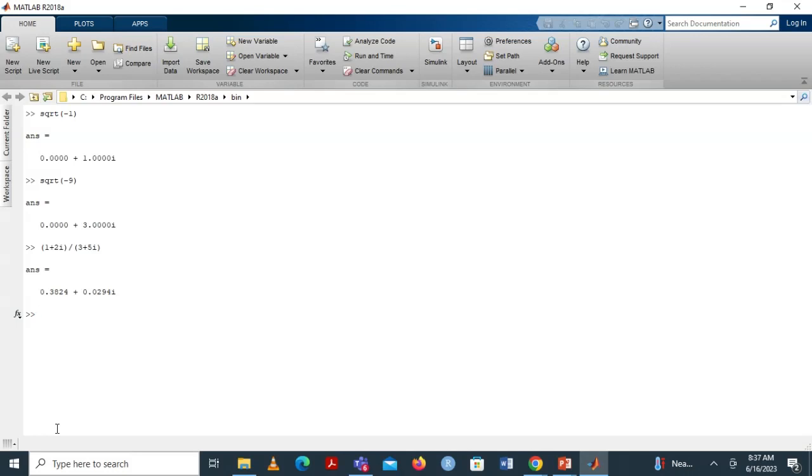Okay, so now let's say I have an equation and I want to find the real part. Let's say my equation is a is equal to 3 plus 4i.